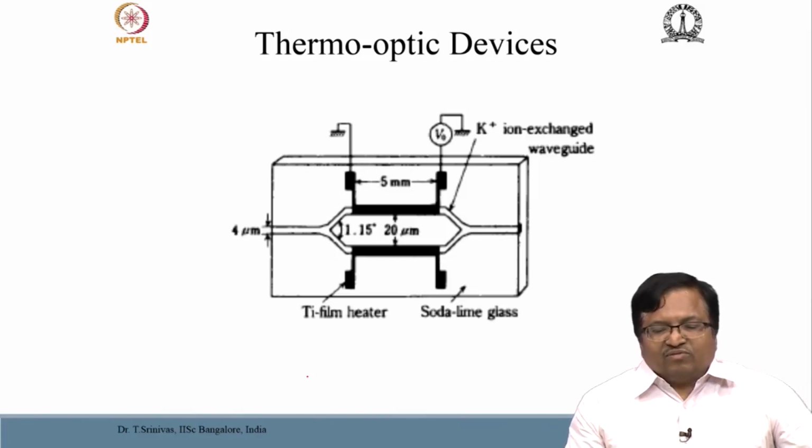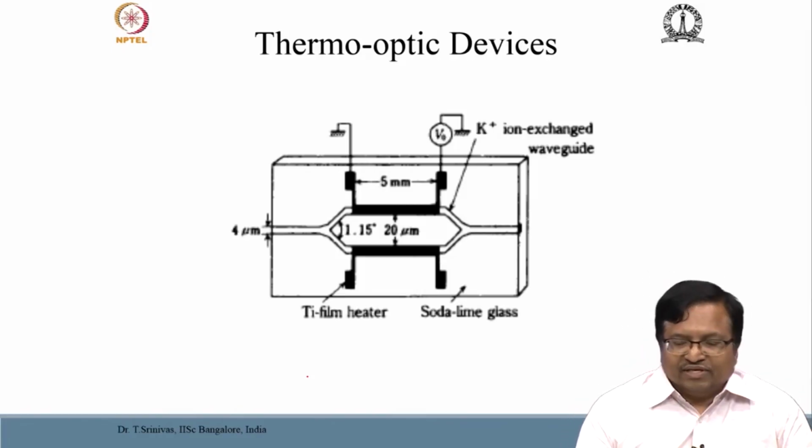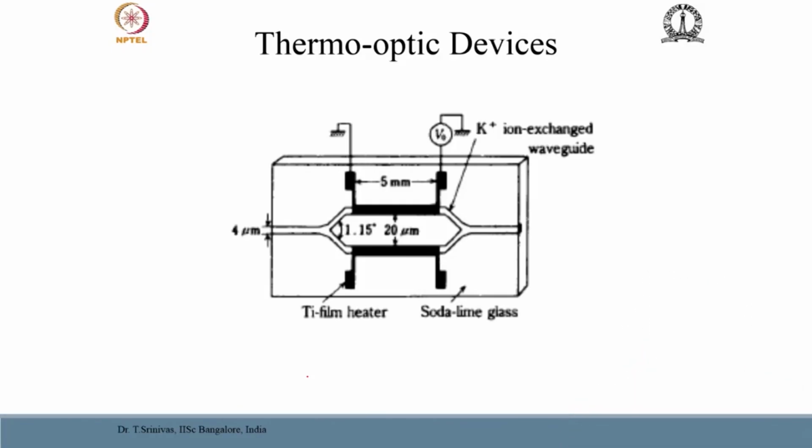So, this is a typical thermo-optic device. On a glass substrate you see an interferometer that we saw earlier, and typically a 4 micron width, and the light could be launched through this input port, and these are the two heaters, heating elements of the typical size of a 6 microns.